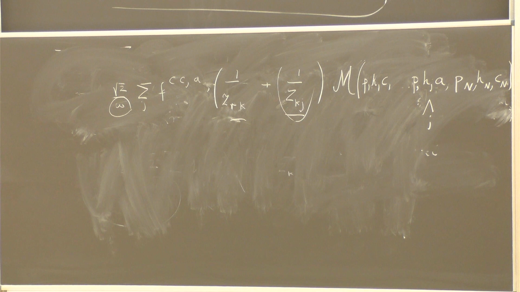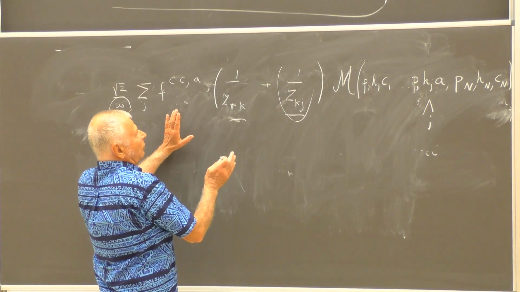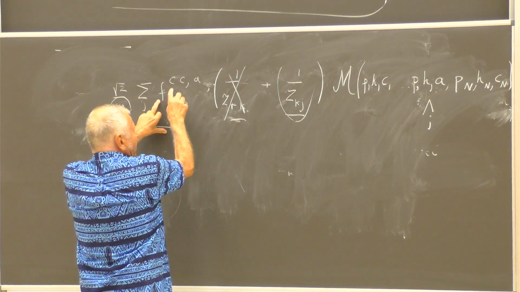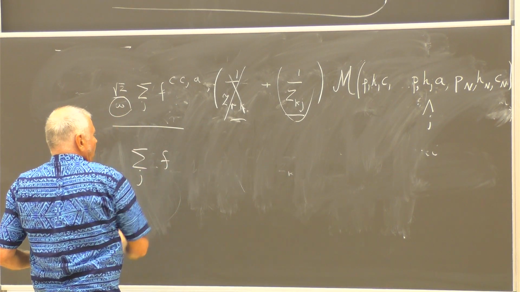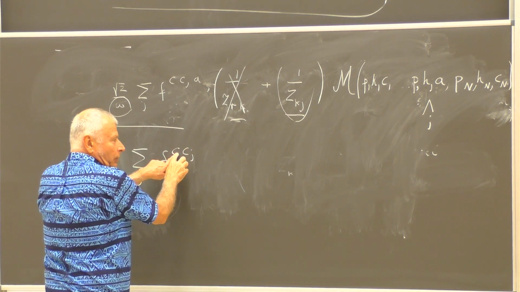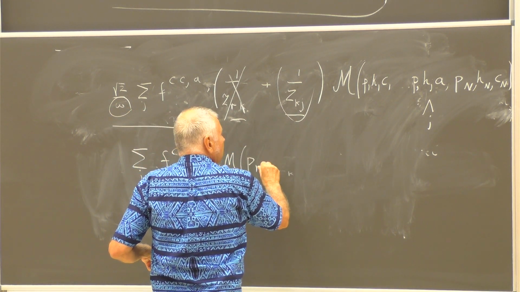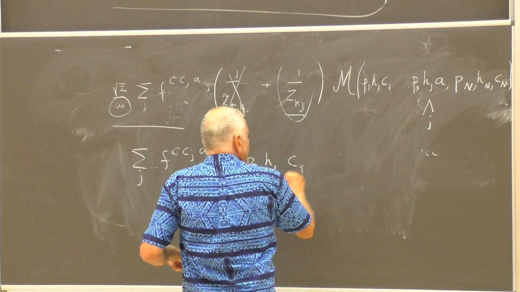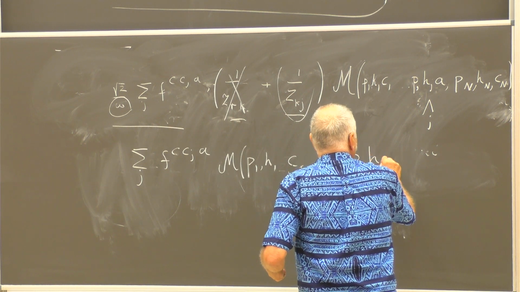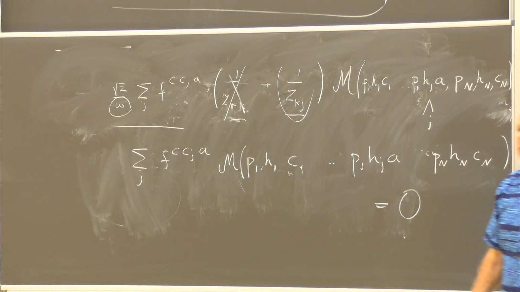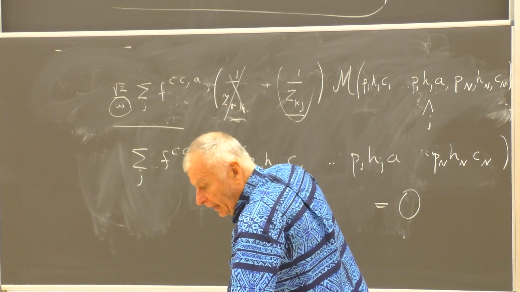So now, the result should not depend on the reference vector. How come? In other words, in order to prove that, I have to prove that this object, which is the sum over J over all gluons, C_J for arbitrary C, which is the color index of the soft gluon, has to be 0 in order for this thing not to depend on the reference vector, which is to be gauge invariant.